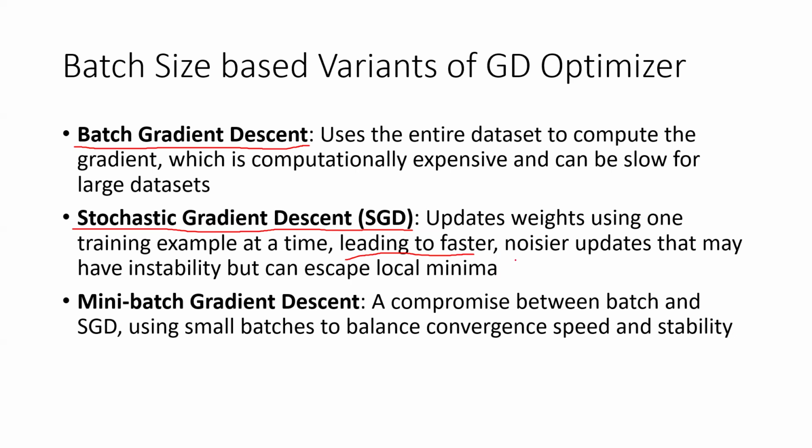The problem is that the updates would be noisier, and there would be some instability in the intermediate states of the learning process, because you would have a lot of here and there movements when learning through the contours.